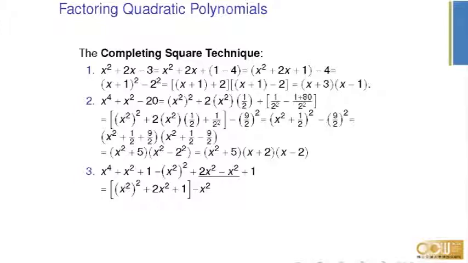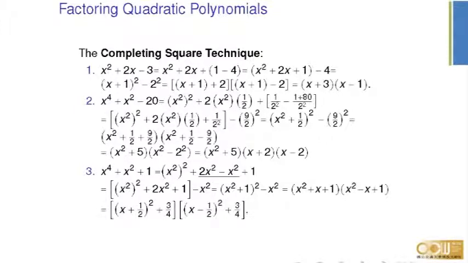And here, the first one forms a perfect square, which is like this, x squared plus 1, minus x squared. And again, for this quantity, I'm using the difference of two squares to factorize them.